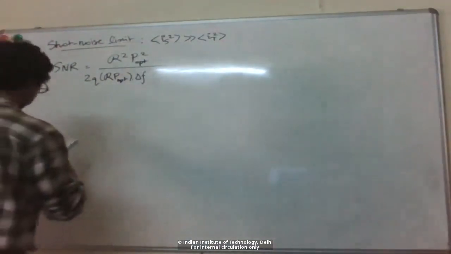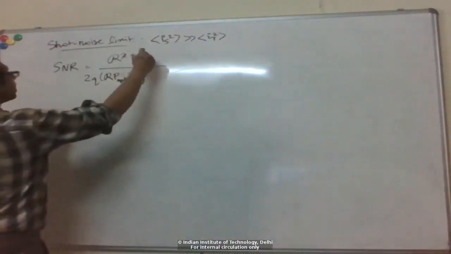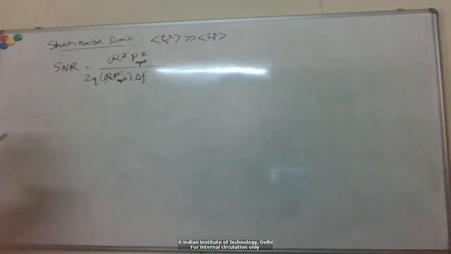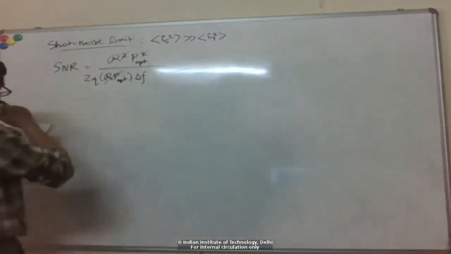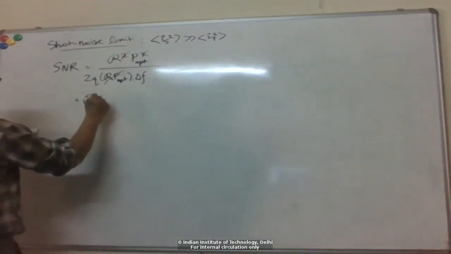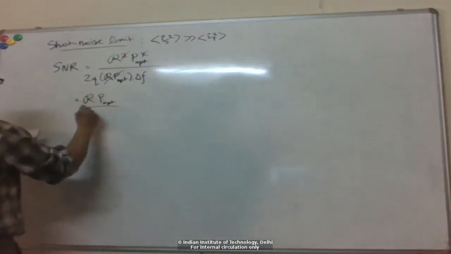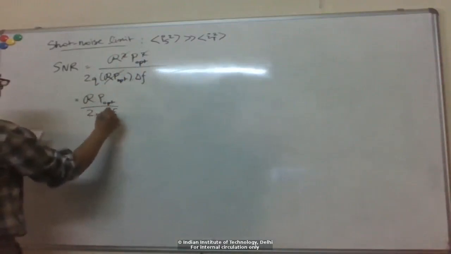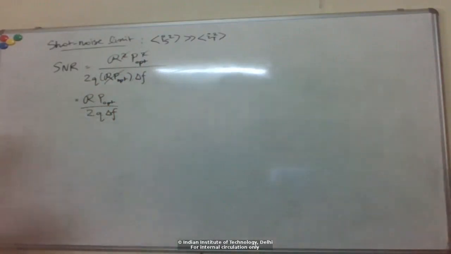So if we do that, one power of this cancels out, and you just get responsivity times optical power divided by the electronic charge times the bandwidth.